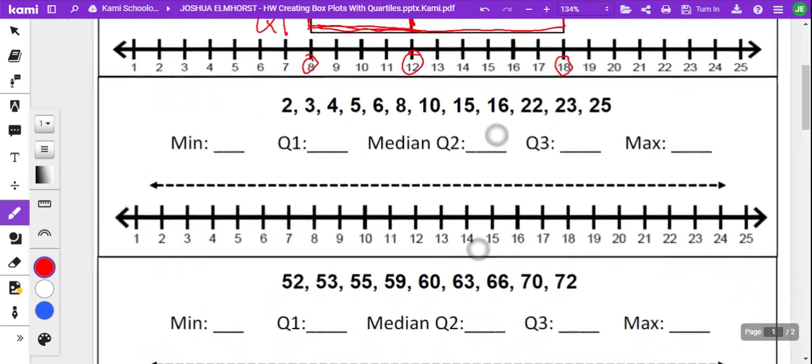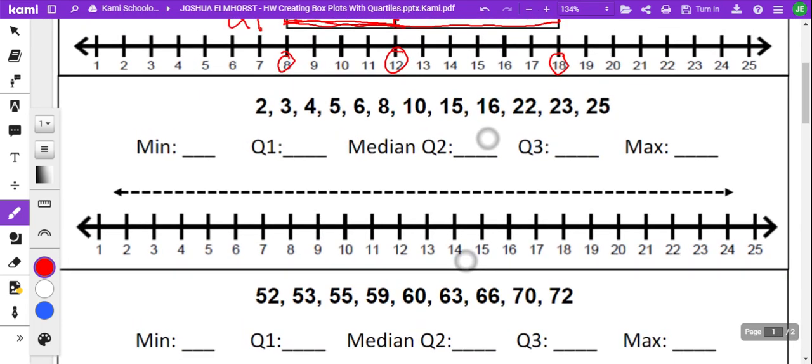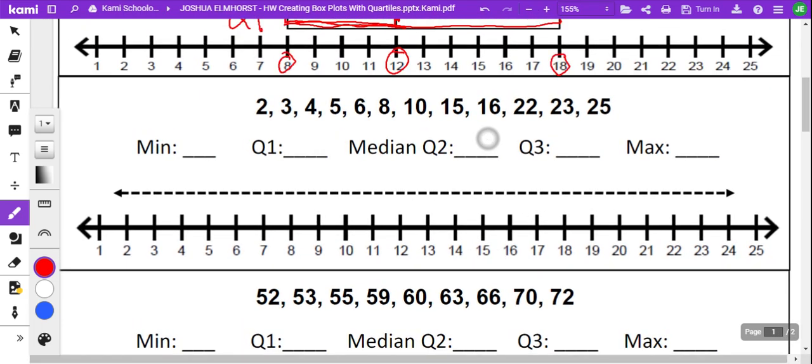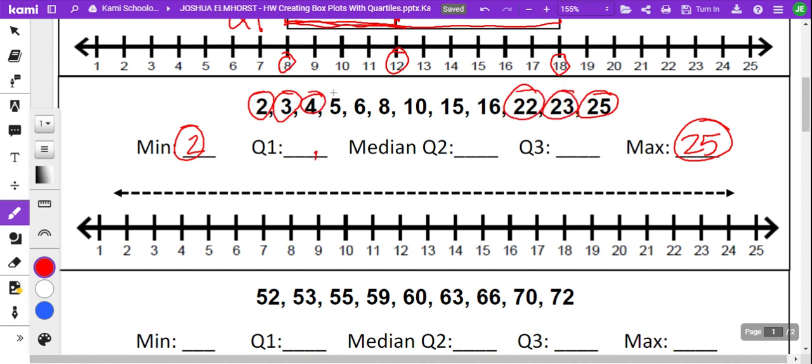Okay, we're going to go here to the second example. Start with the minimum and the maximum. And then work your way to the middle. Left, right, left, right, left, right, left, right.